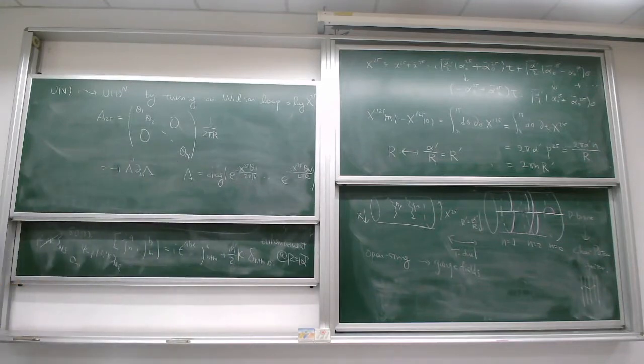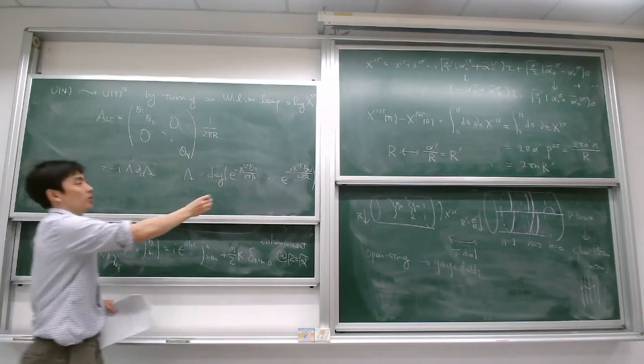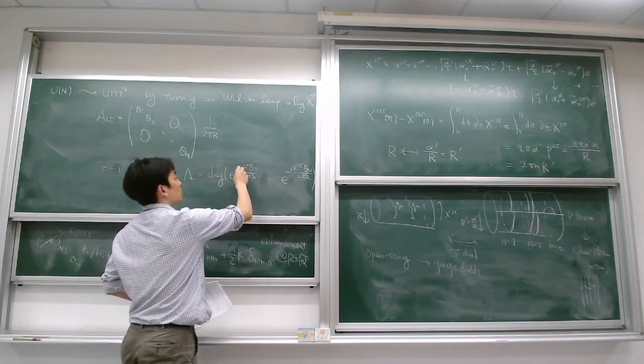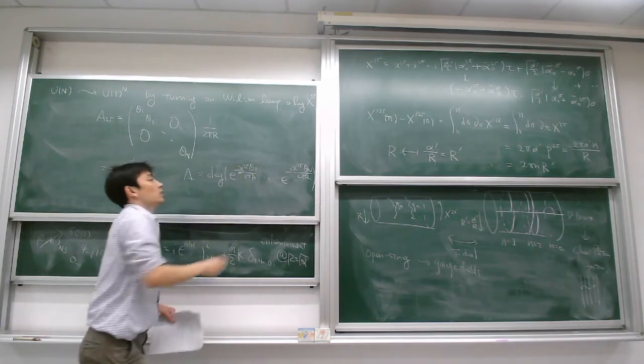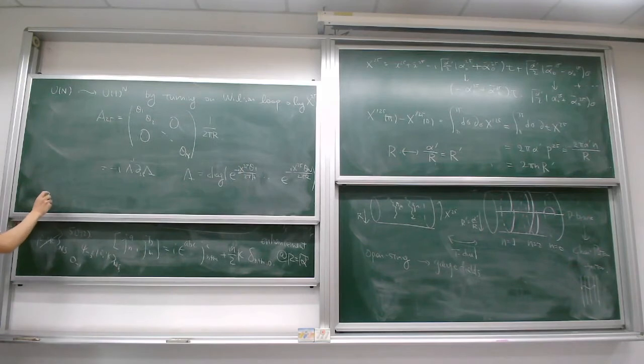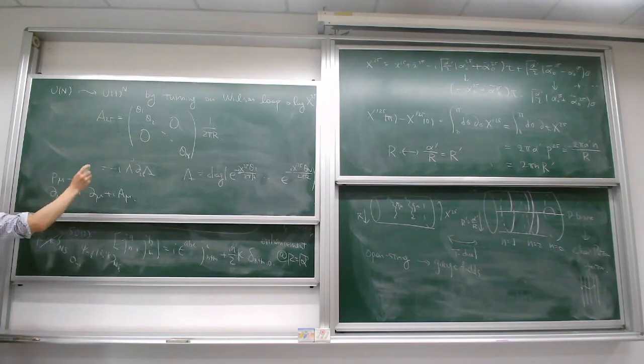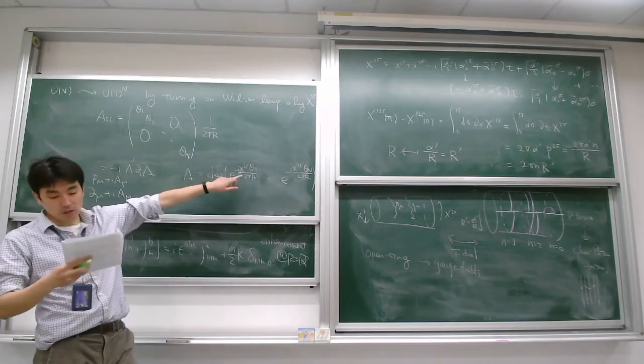And as you can see, this will give you the momentum shift. As you know, if you turn on gauge field, partial mu is mapped to partial mu plus i A mu. Therefore, P mu is shifted by P mu plus A mu, and as you can easily see, this is just a momentum translation.